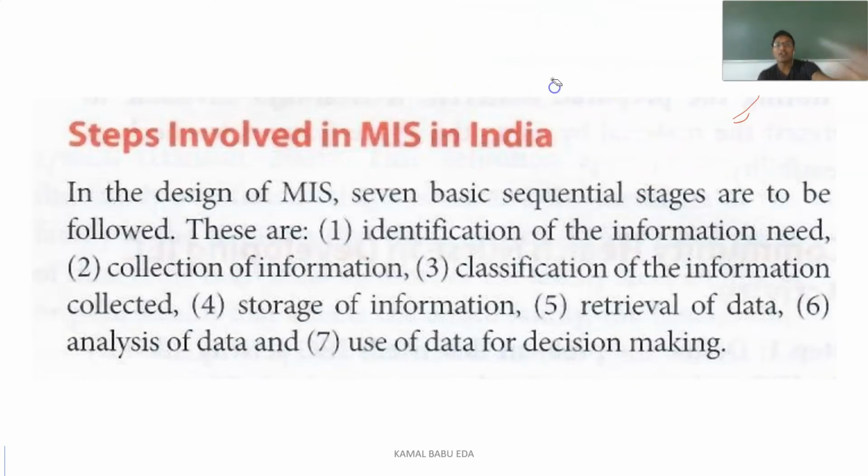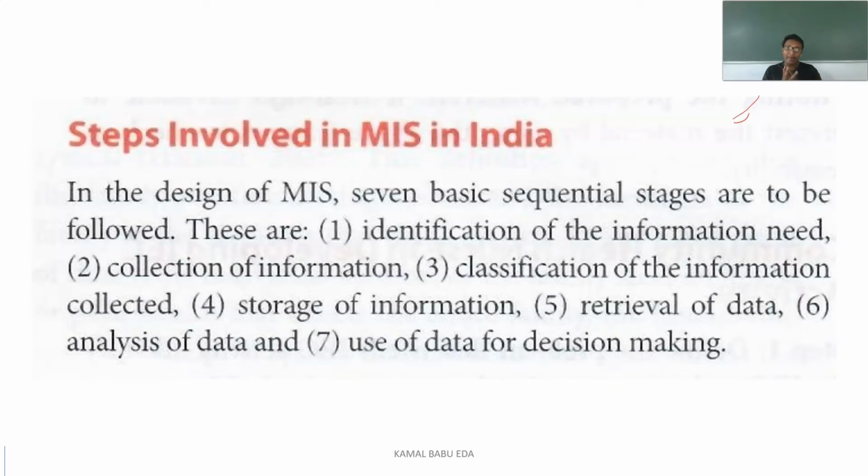Then you have to collect the information. We take the information either by survey, door-to-door visiting, through records and reports, and through other means of data collection. And the data that is collected is classified.